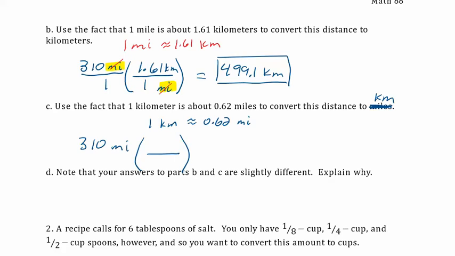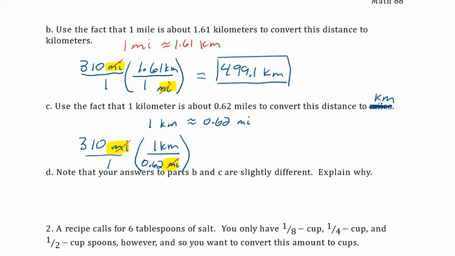Okay, so now we want to do our conversion factor. We want to do the same thing again. We've got miles here, so we want miles in the denominator. So using this conversion factor, we have 0.62 miles in the bottom and 1 kilometer in the top. So the miles again are going to cancel. Let's put this over 1.